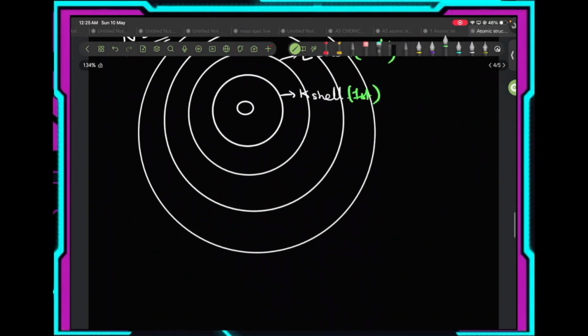Now in O levels, we used to say that this K shell, which is the first shell, can only accommodate how many electrons? Two maximum electrons, right? Two electrons can fit into the first shell. Then we had the L shell, which could accommodate about 8 electrons, and same goes for the other shells at O levels, right?